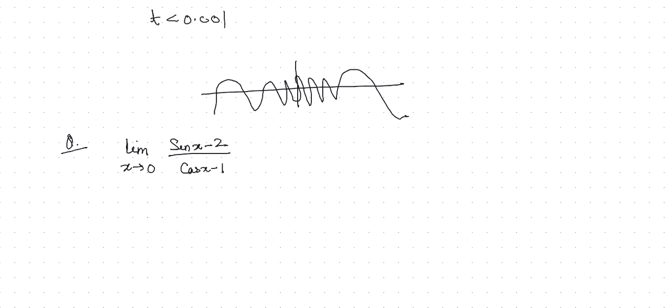To find this limit, we see that as x tends to 0, whether from 0 plus or 0 minus, cos x will tend to 1 but will be less than 1, because x is tending towards 0 but is not 0. So cos x minus 1 tends to 0 minus.